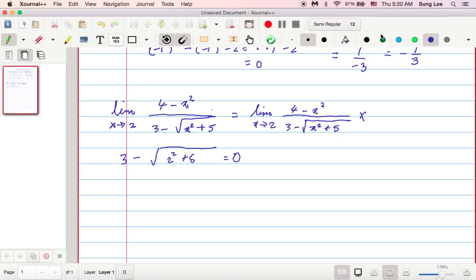We have 3 minus the square root of x squared plus 5, so the conjugate is 3 plus the square root of x squared plus 5, all over the same thing, 3 plus the square root of x squared plus 5.